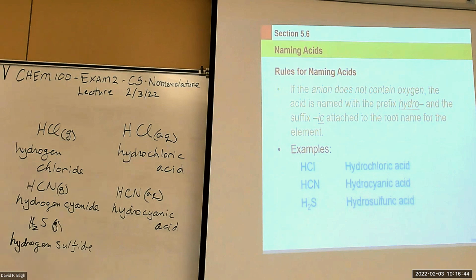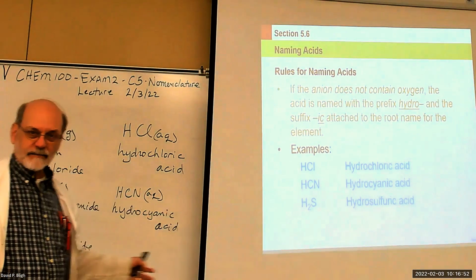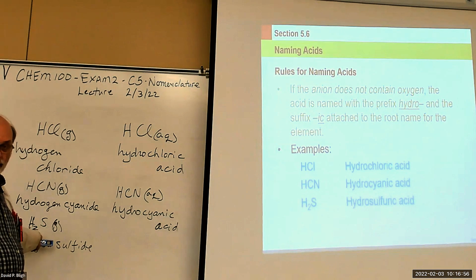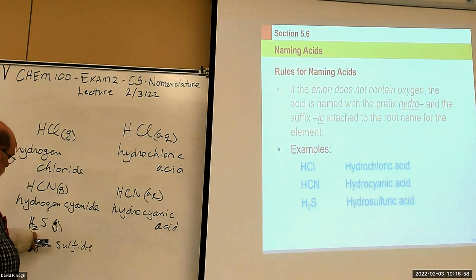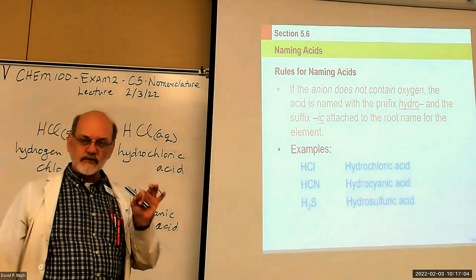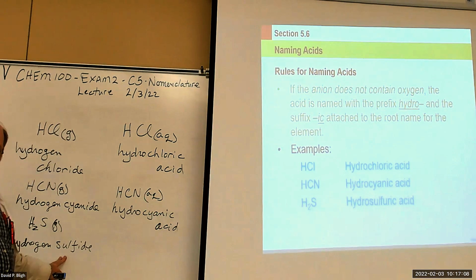Okay? Now, hydrogen's a special case. It's not a metal. We treat it like a metal. And in this case, it would have a +1 charge. So 2 pluses means we need 2 of these pluses to balance sulfur, which is a -2 charge. So hydrogen sulfide is all you need.